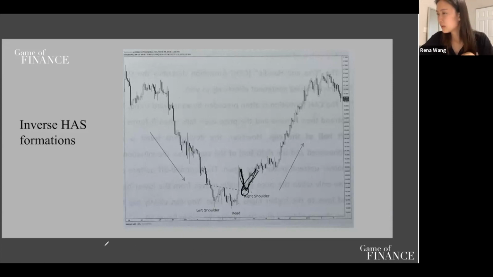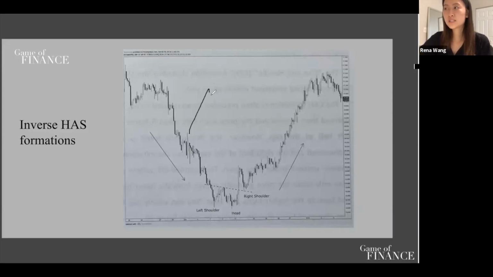So I think different traders have different interpretations of head and shoulders, whether they see this as a shoulder or this as a head, or that as a shoulder. But ultimately, if you use the wave point rule to confirm the trend reversal, I think that is way more helpful than the head and shoulder formation.